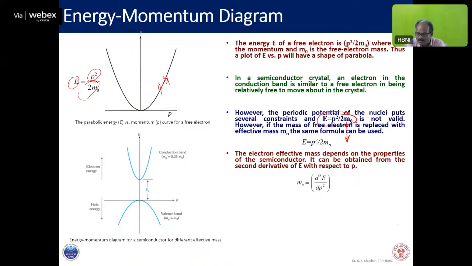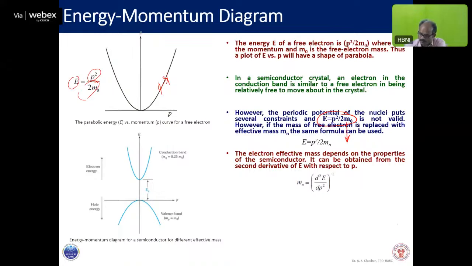So the mass will be varying, but this formula will remain the same. We call this the electron effective mass, and it depends on the properties of the semiconductor: what material it is, how many electrons it has, what the lattice spacing is, and not only lattice spacing but the crystal structure in which it is forming.